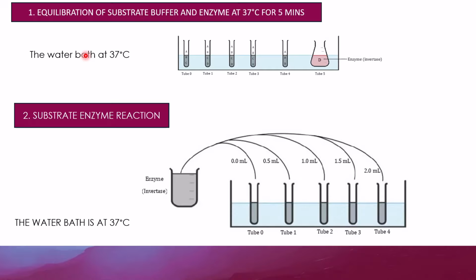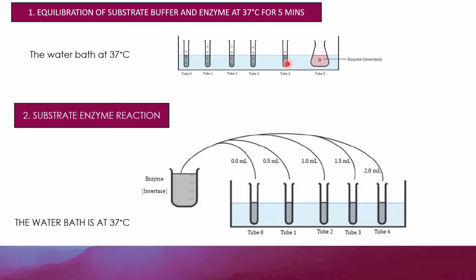As you can see, our water bath is set at 37 degrees Celsius for the equilibration, and in the water bath we have our test tube 0, which consists of A, B, C. We didn't add D over here because D is just 0 mls. Test tube 1 consists of the materials A, B, C, and D. Test tube 2, A, B, C, and D. Test tube 3, A, B, C, and D. Test tube 4, A, B, C, and D.